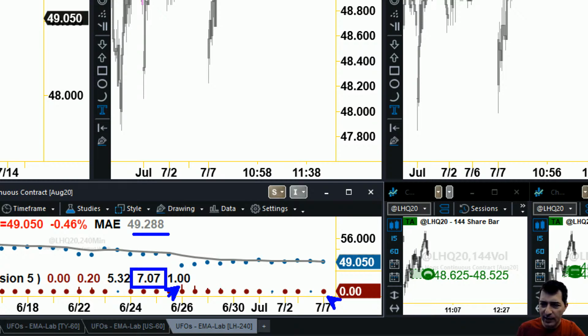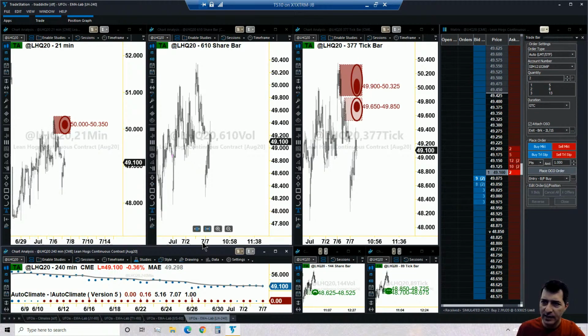Our reference price to enter into a trade would be 49.28.8. Okay, so the question is, do we have anything at this price point? Okay, and 49.28.8 is somewhere here, and there is nothing. 49.28.8 is here, there is nothing, and 49.28.8 is more or less here, and there is nothing. Okay, the UFOs are higher than that, but they are not aligned with the entry.